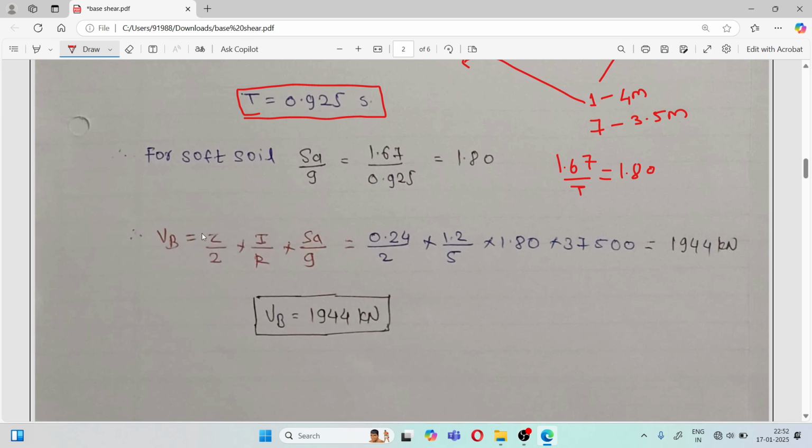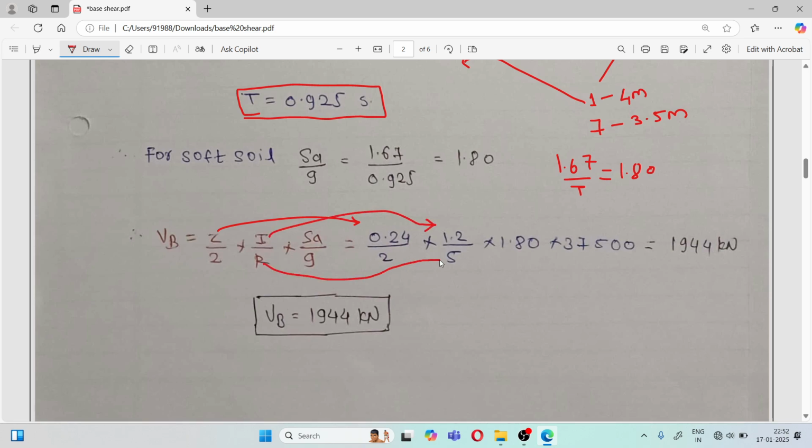For that, base shear is necessary. So I am showing how to calculate the base shear, but I am not showing the references taken from the IS code. The base shear formula is Z by 2 into I by R into Sa by g. The zone is the fourth zone, so 0.24. Importance factor 1.2 is given.